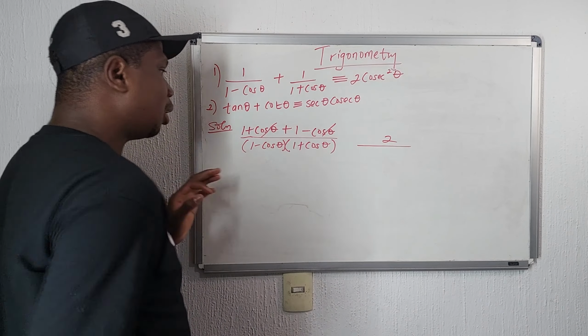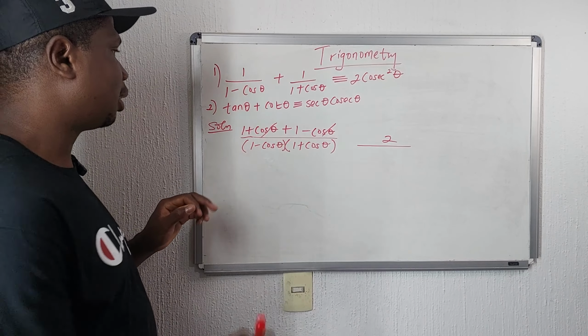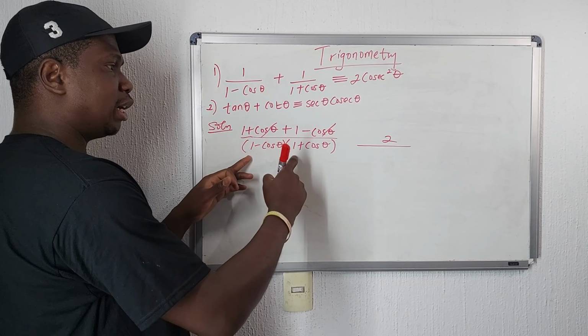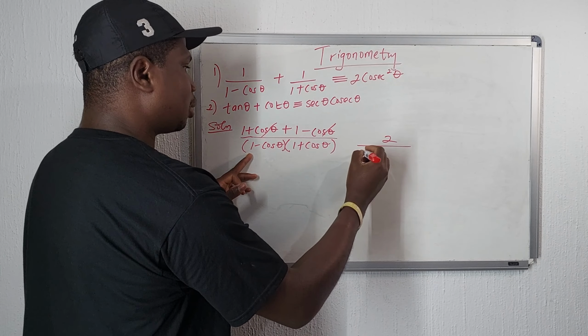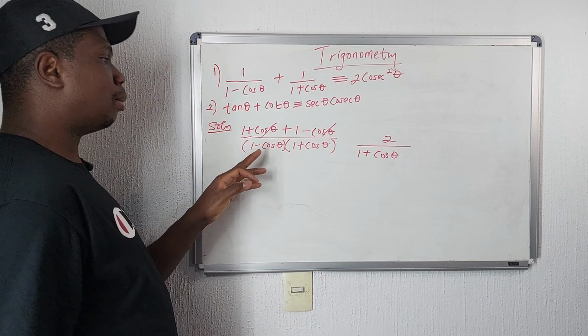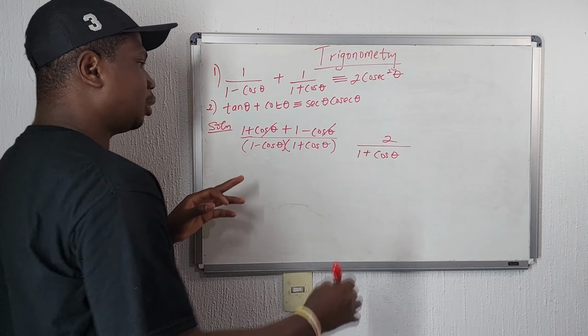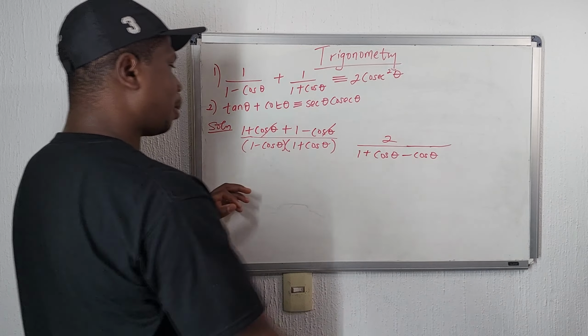2 over, so we can expand this bracket by multiplying out. 1 times 1 is 1. 1 times cos theta is plus cos theta. Minus 1 times cos theta is minus cos theta.